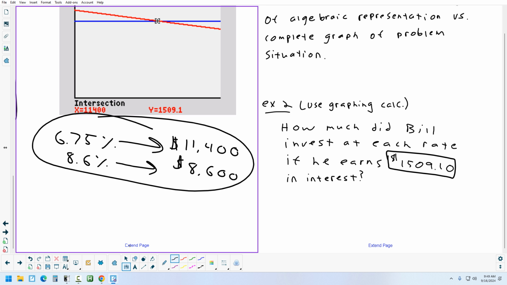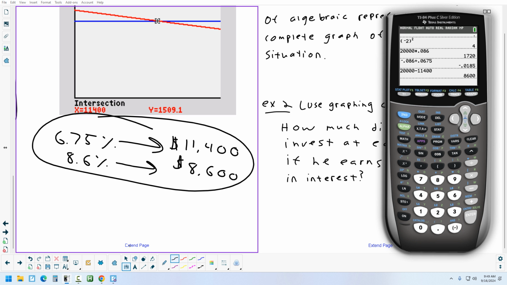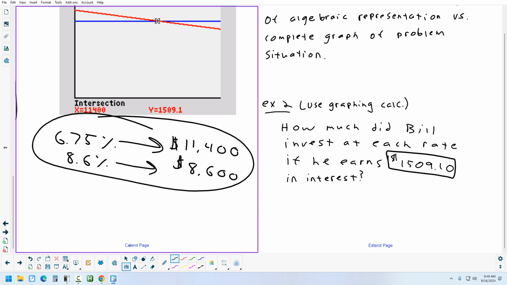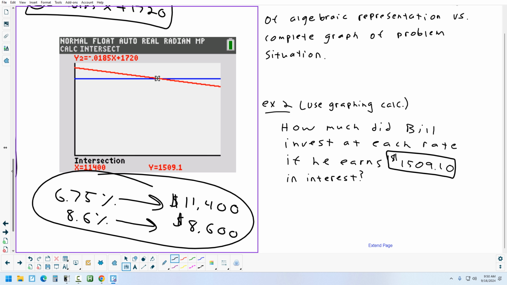I missed what they put into the calculator to get those final numbers. To get the 11,400, we did intersect. Y2 was the negative 0.0185x plus 1720. I tried that and I got x is 1,100. And you use the negative symbol for the number, not the subtraction sign.